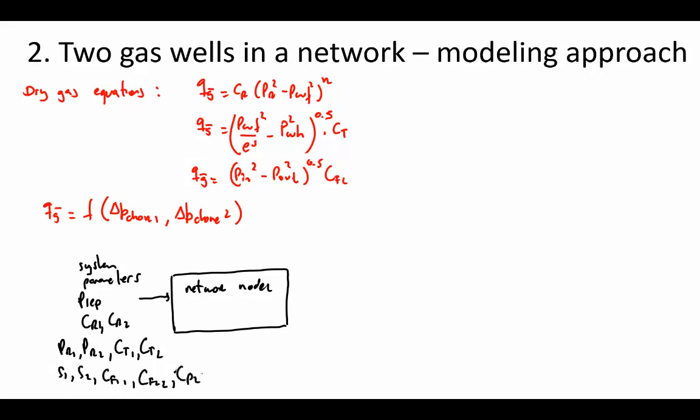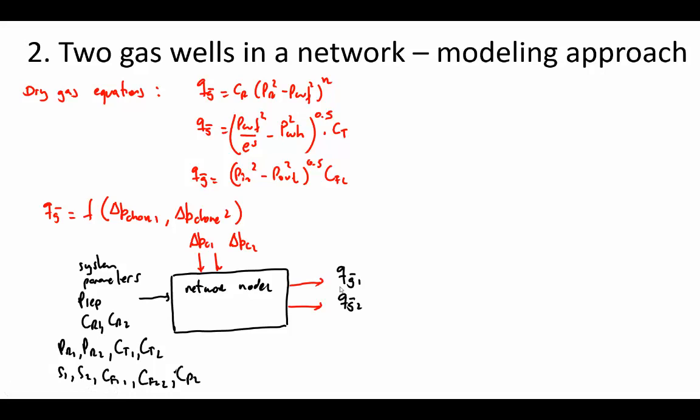Then we have also delta P choke 1, delta P choke 2. And at the end what we obtain are the rates QG1 and QG2. So it's a function. I specify these two, delta P of the choke, and then considering solving all of that system of equations, I end up with QG1 and QG2. We have solved this problem in Excel.